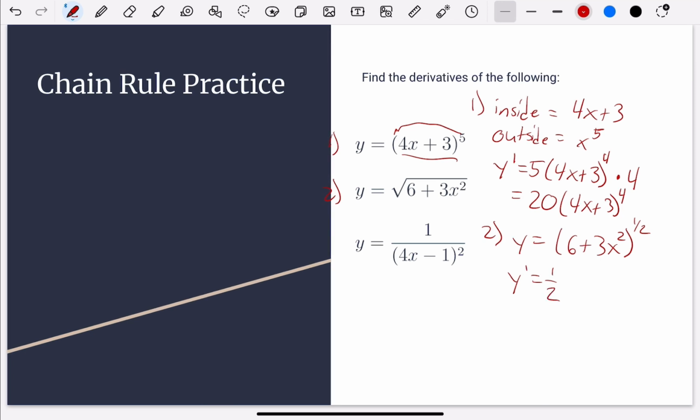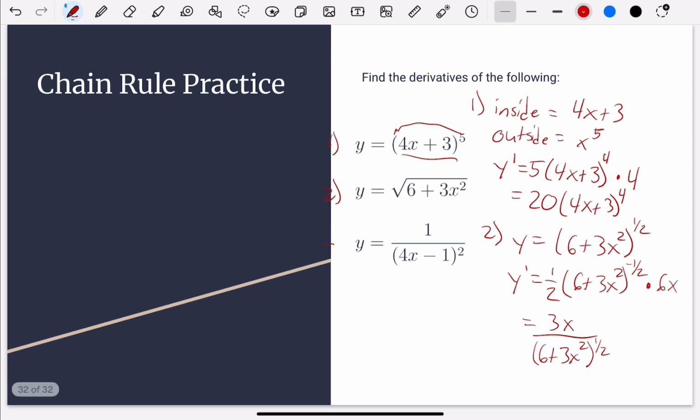So I do the derivative, so I bring the power down, tag along the inside, subtract 1 from the power, and then I have to multiply by the derivative of the inside. Well, the inside is 6 plus 3x squared, so doing the power rule, I get 6x. So just to clean this up a little bit, I could rewrite this as 3x over 6 plus 3x squared to the 1/2 power.